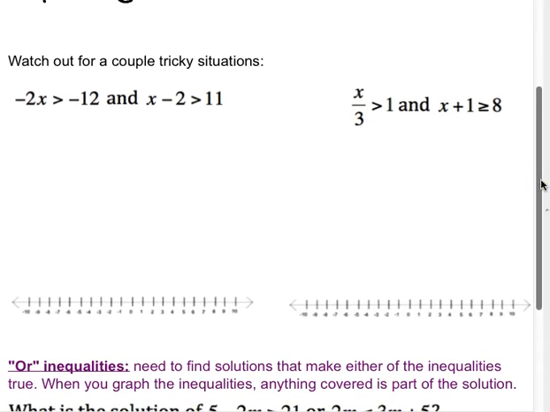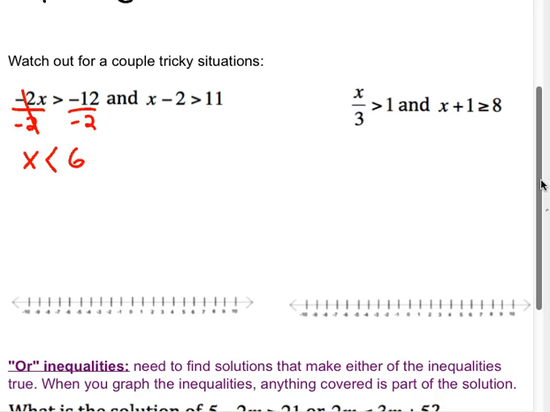All right, some tricky situations that can show up, okay? Or I should say some interesting situations that show up. So here, I'm going to want to divide by -2. When I do that, remember it reverses the inequality.